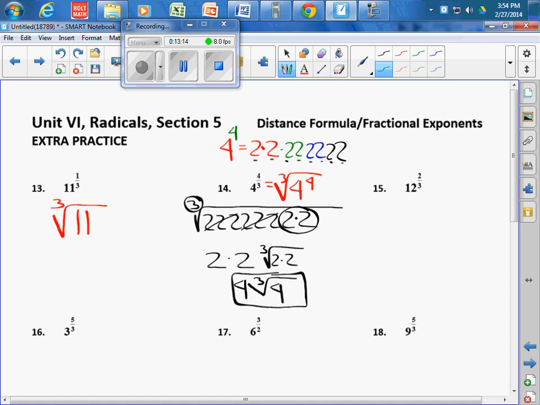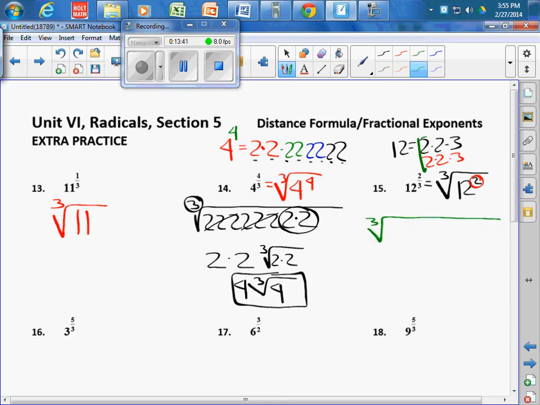Look at number 15. We're looking at the cube root of 12 squared. Well, 12 is equal to what are the prime factors? 2 times 2 times 3. And I have 2 of them, right? It's squared, so I have 2 of these 12s, 2 times 2 times 3 times 2 times 2 times 3. So I'm looking at the cube root of 4 2's and 2 3's.